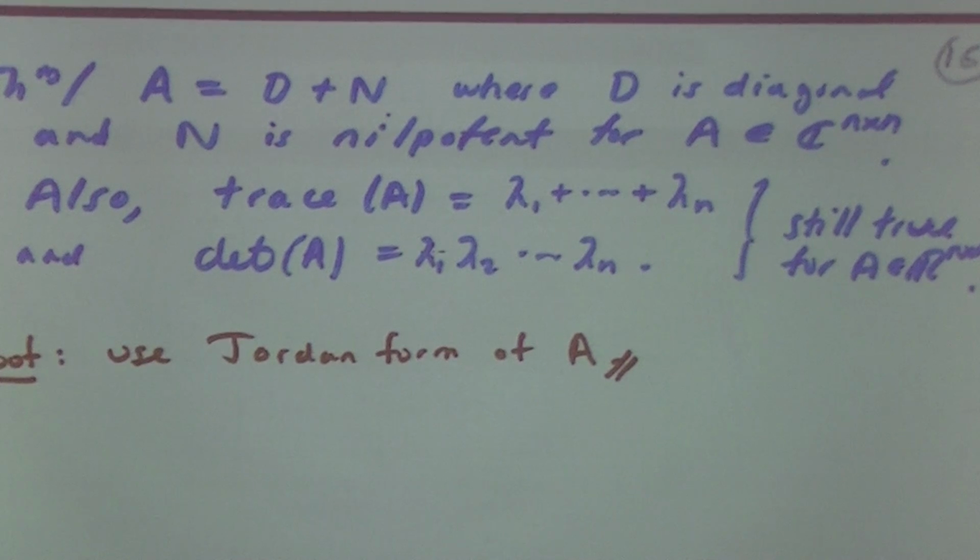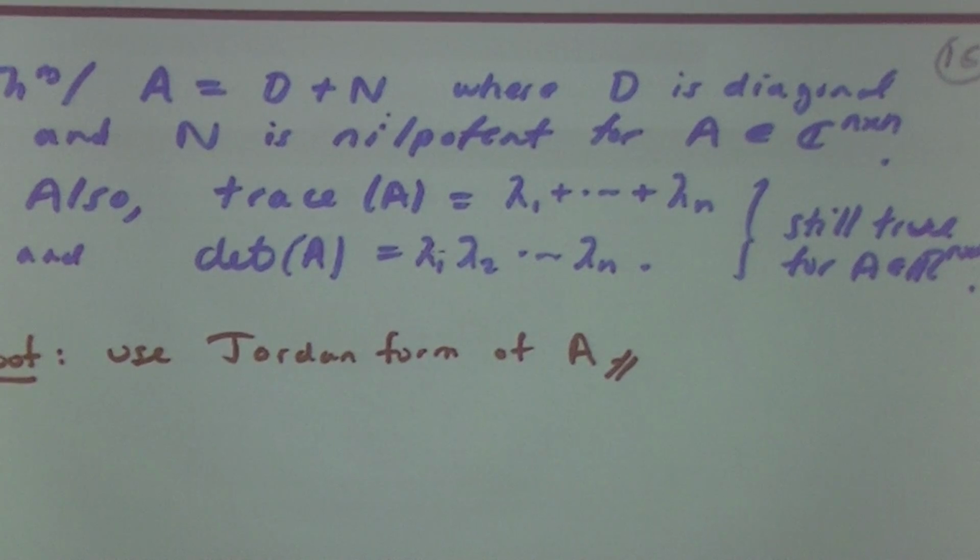Now, there's some really wonderful things you can say about the Jordan form. I want to use the Jordan form to prove a couple simple things for you. The one: any matrix A over an algebraically closed field, you can write it as the sum of a diagonal and nilpotent. That should be obvious to you from what we did today. What's the diagonal? Diagonalized.